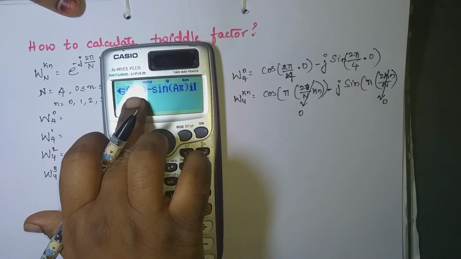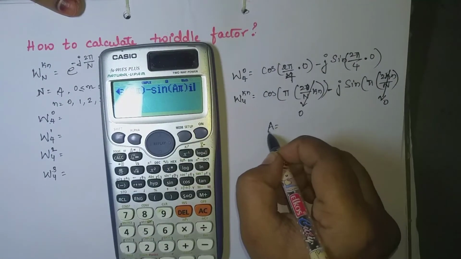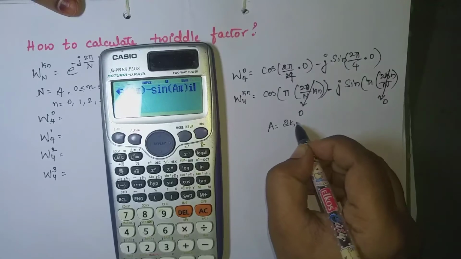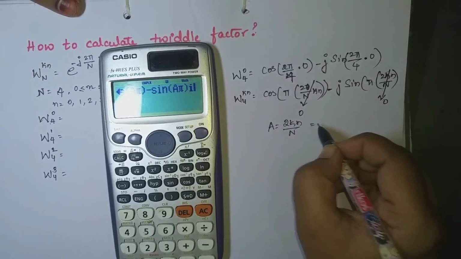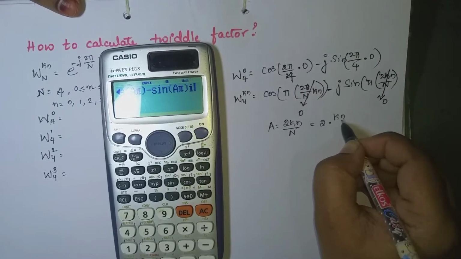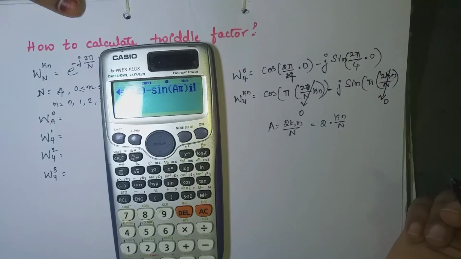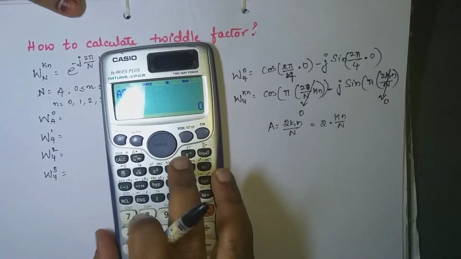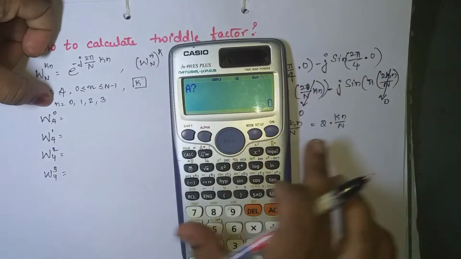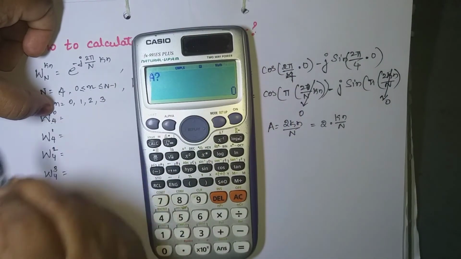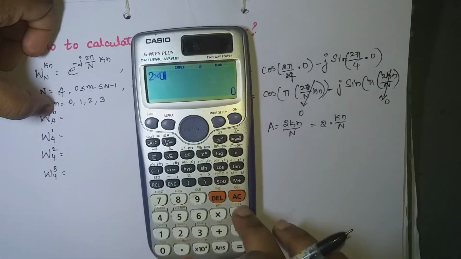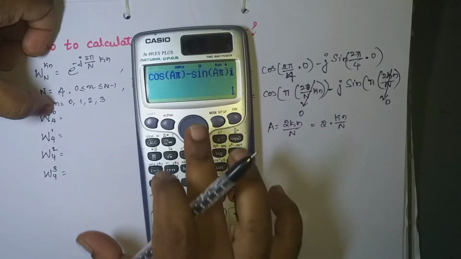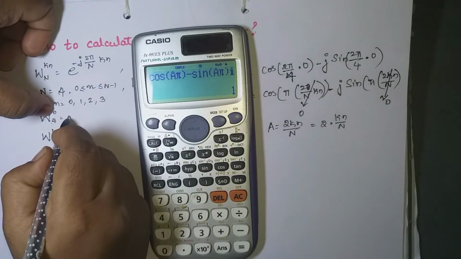Now what is this A value? A value is nothing but 2kn by capital N, or I can write 2 into kn by N. Now calculate what is 2 into kn by N, that is this value, 2 into 0 divided by 4, which is equal to 1.